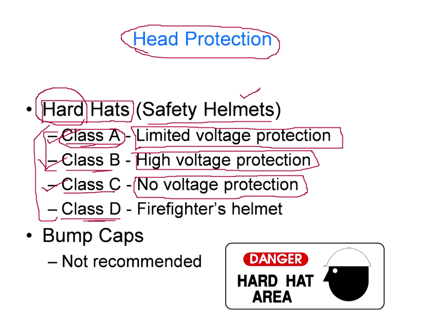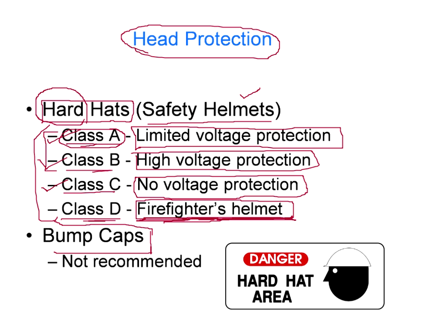Class B is for high voltage protection. Class C is no voltage protection, so it will not save you from electrical shocks, but from other shocks your head will be saved if you use Class C. If there is a danger of electrical contact, use Class B and Class A. If the electrical contact is at more voltage, then you should use Class A only. This is safer.